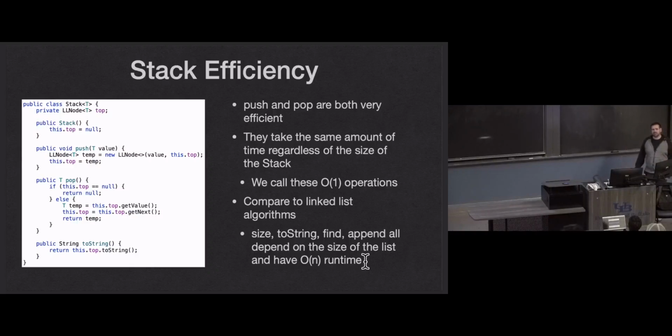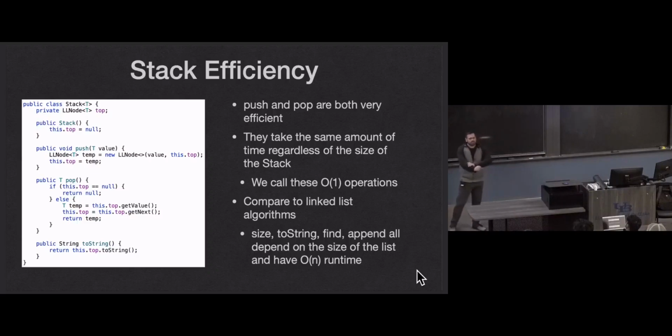Why don't we just use linked lists and do everything with a linked list? And the answer is because of runtime. So I have to talk about linked lists and runtime to get that motivation of why we are even doing this. We're restricting ourselves to just O of 1 operations.